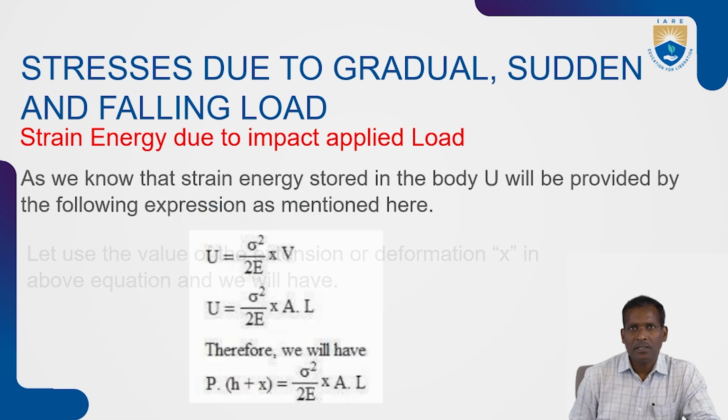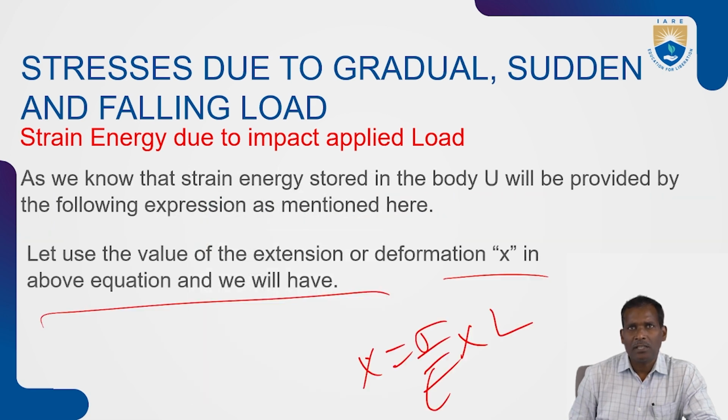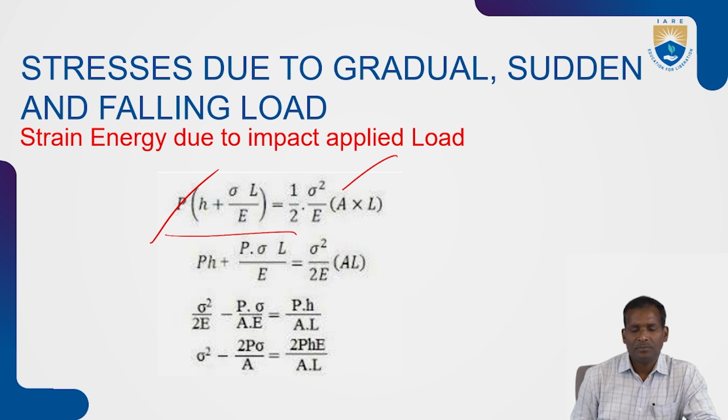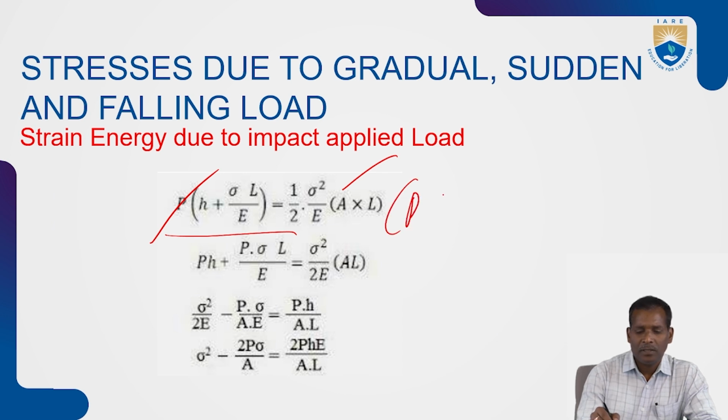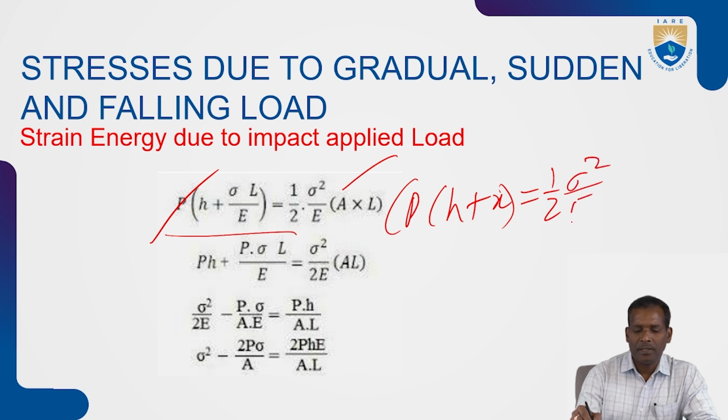So in the equation, sigma square by 2E into AL, P into H plus X, H plus X is equal to half sigma square by E into volume. So here simplify this equation: P into H plus P into sigma L by E equals sigma square by 2E into AL.